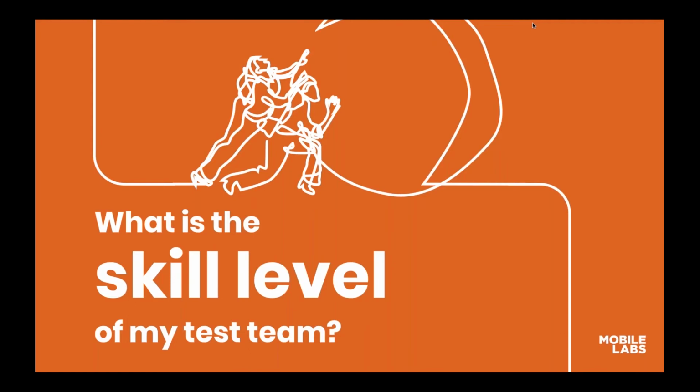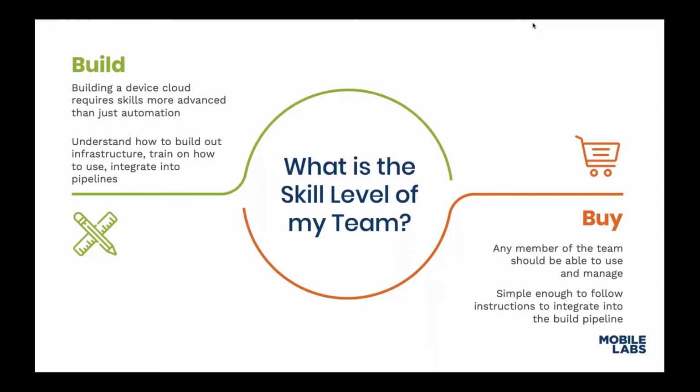And then ultimately, what is the skill level of my test team? I've run an automation team before. We've had really good skilled people, but we need to make sure that it's not just automation skills that we're looking for, right? In the build scenario, you've got to figure out whether or not you have people that can document the process, people that are good at training others.